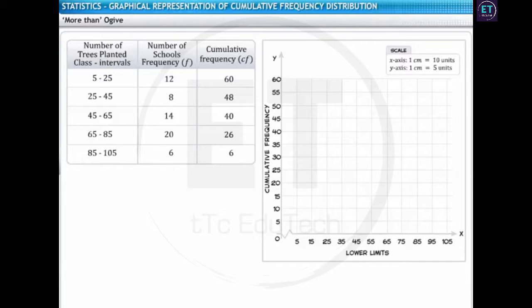We can label the x-axis as lower limits of data, or simply as lower limits, and the y-axis as cumulative frequency. Next, we'll mark points in the graph that represent the cumulative frequency corresponding to the lower limits of the class intervals. For example, for the lower limit of 5, the cumulative frequency is 60. Similarly, we'll mark the points corresponding to cumulative frequencies of the other lower limits of data.